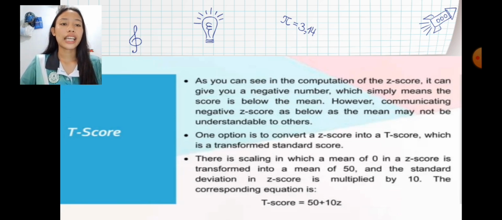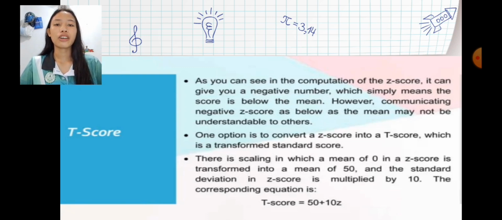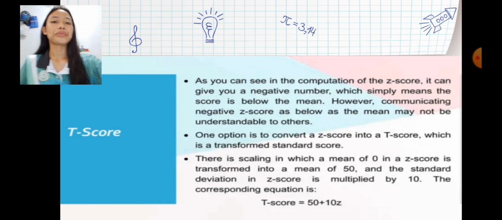There is a scaling in which a mean of 0 in a z-score is transformed into a mean of 50, and the standard deviation in the z-score is multiplied by 10. The corresponding equation is given here: T-score equals 50 plus 10z.